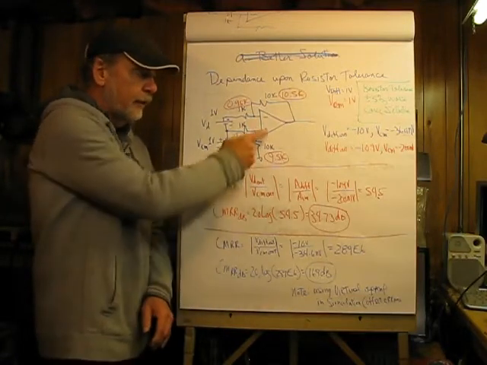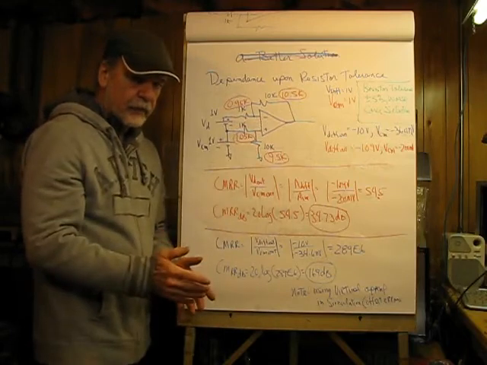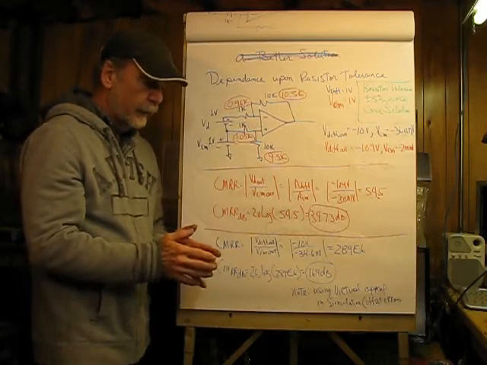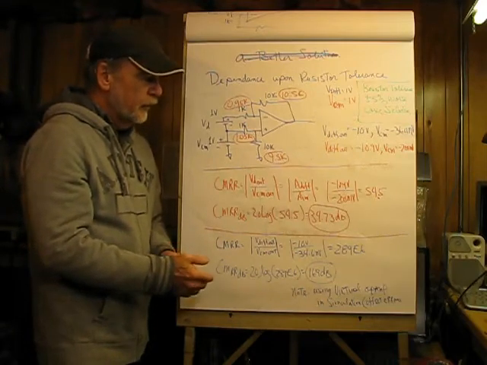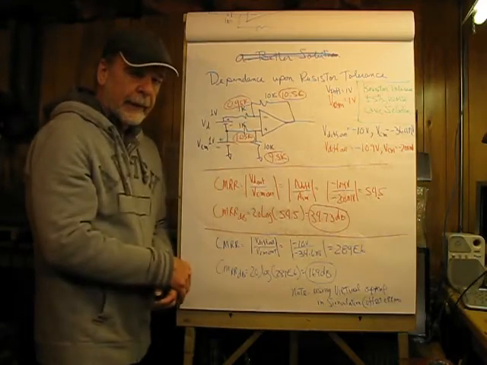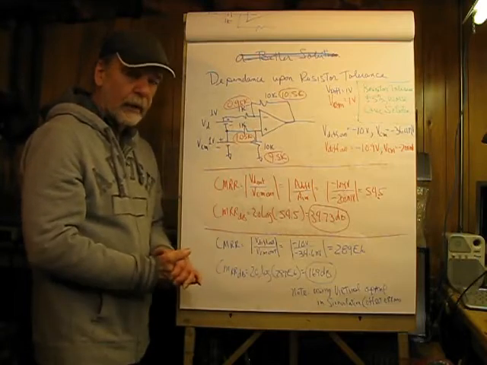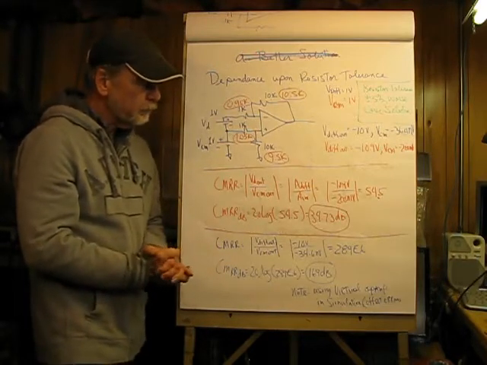Now, I'm using a virtual op amp for this. It's not a 741 or any other standard number. Virtual simply means that it behaves like an op amp, and I don't have to deal with power supply rails and so on and so forth.